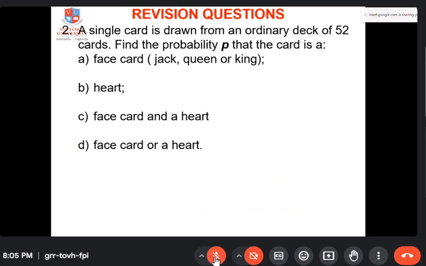The probability of face is 12 out of 52 plus the heart is 13 out of 52. Subtract 3 out of 52. What are you getting?